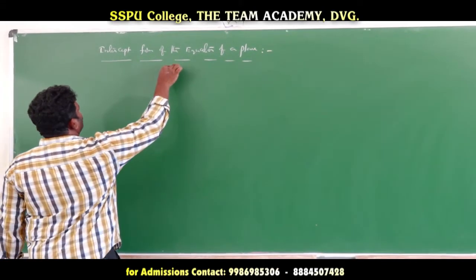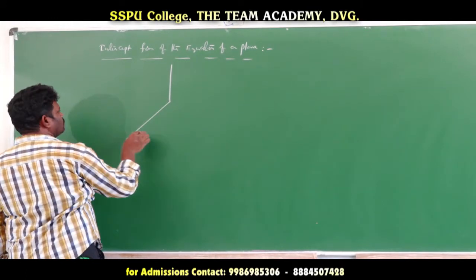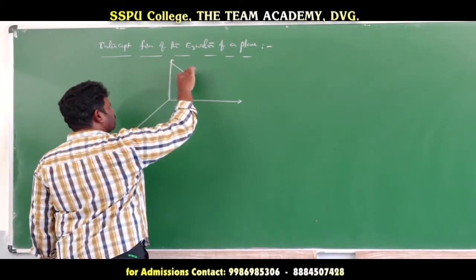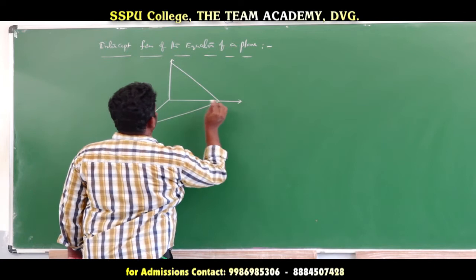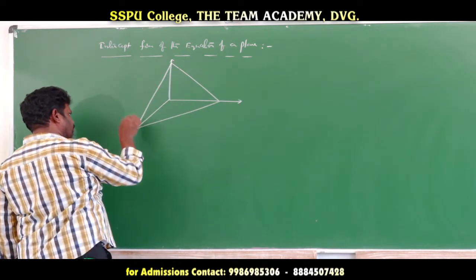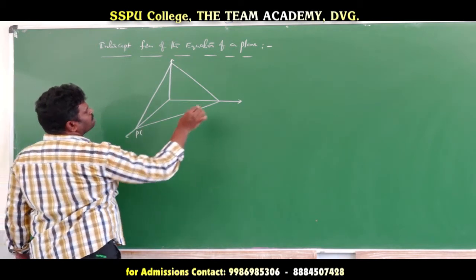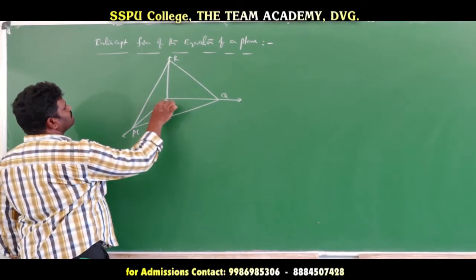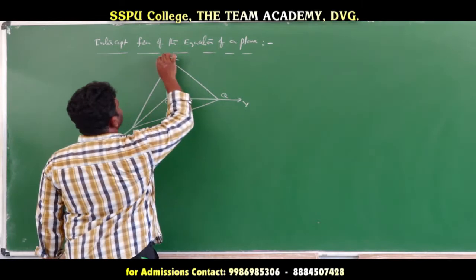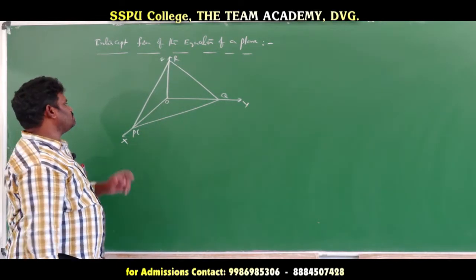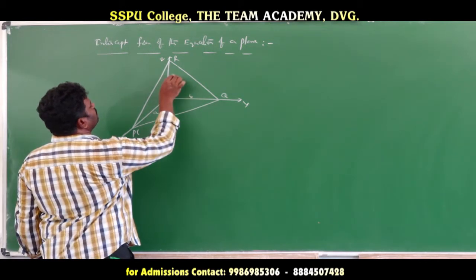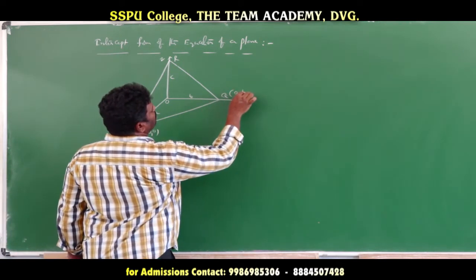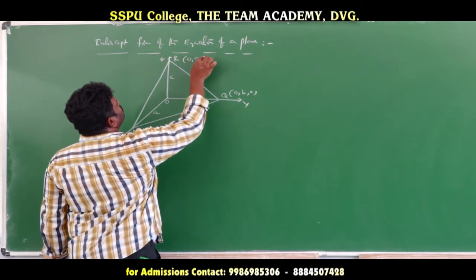First we draw a rectangular 3-dimensional figure and take the plane, with the points P, Q, R. Now the intercepts on the x axis, y axis and z axis are a, b and c. The coordinates are a comma 0 comma 0, then 0 comma b comma 0, then 0 comma 0 comma c.